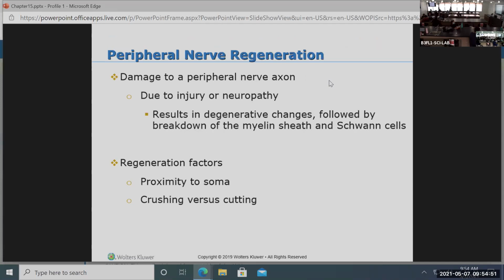Now, peripheral nerve regeneration. Before I go into this topic, the question is myelination. Who causes myelination in the PNS? Who causes myelination in the CNS?